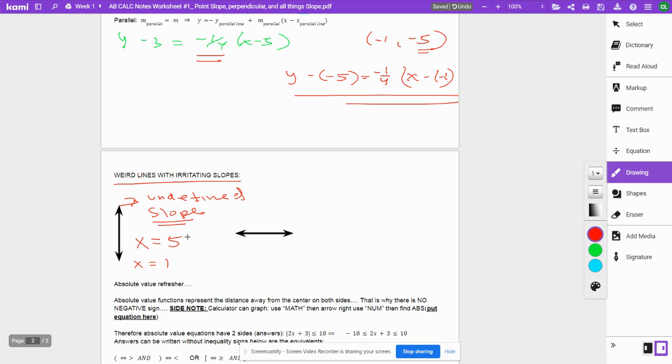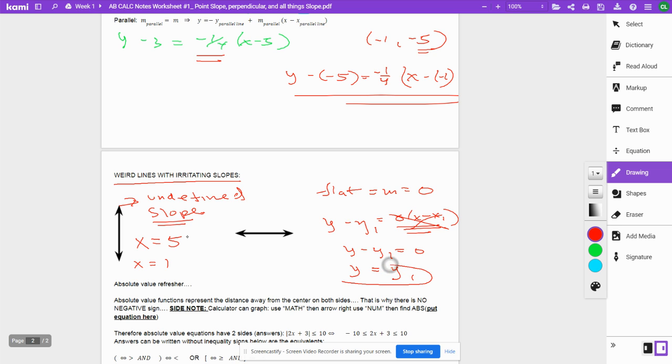Okay. Now, when we're dealing with something that's flat and horizontal, that means our slope is equal to 0. So if it's equal to 0 and we deal with this here, we end up with a slope of 0 on the right side, which means that disappears and becomes 0. So we get y minus y1 equals 0. So these flat lines are whatever y value they give you.